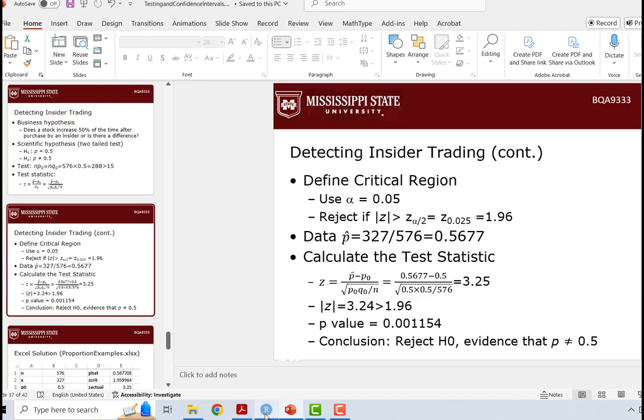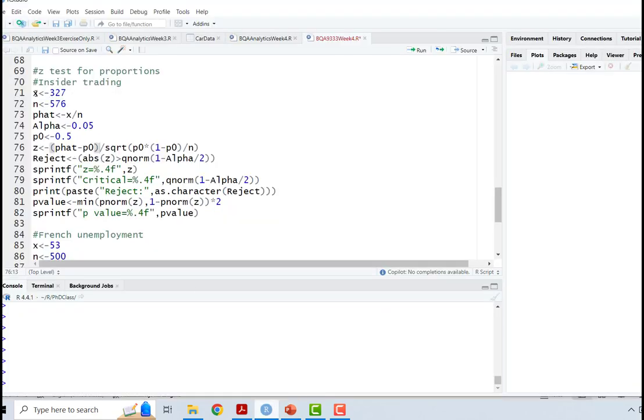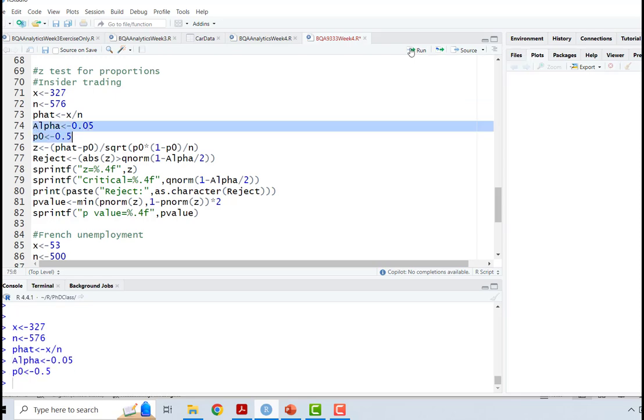Now let's get to the R. So we have 327 out of 576. Calculate the p hat, which is x over n. Our alpha, we're going to set at 0.05. Hypothesized proportion is 0.5.